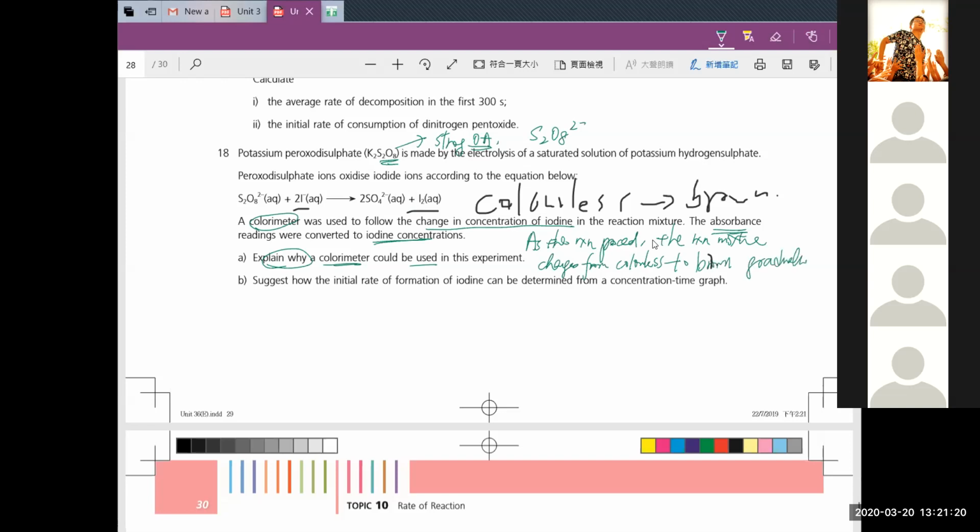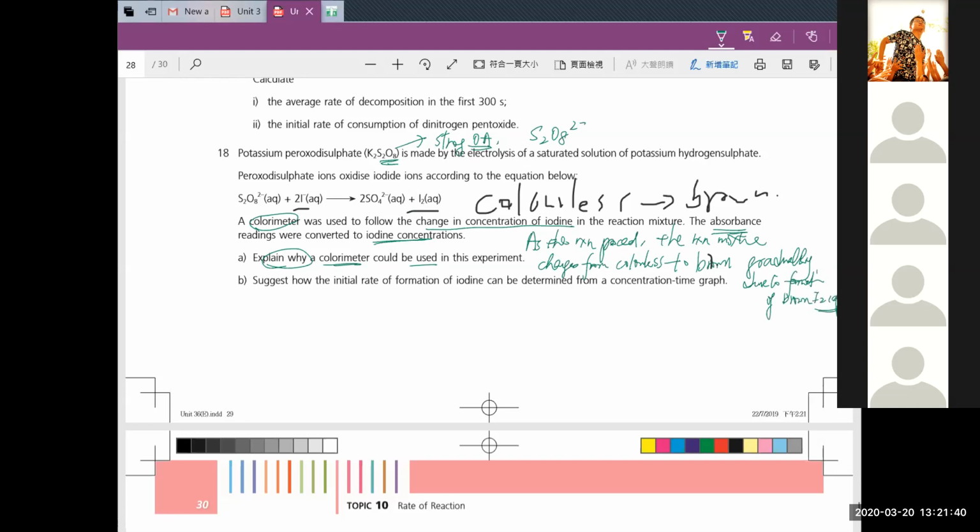Relating to the equation in the book, you may find it is due to the formation of brown I2 (aq).